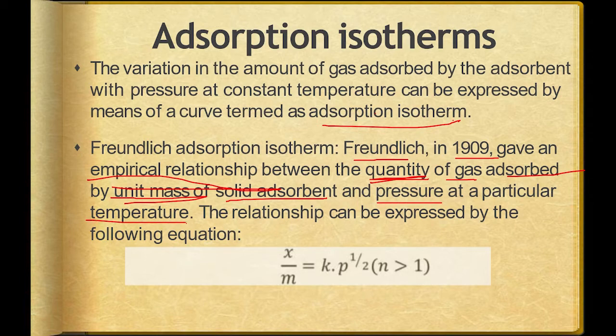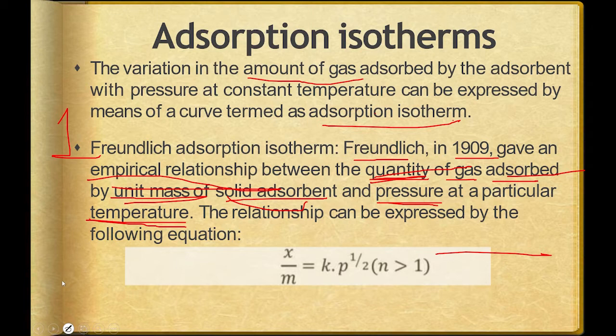So what is he saying there? It is a relationship between the quantity of gas, the same amount of gas we discussed, that is adsorbed by unit mass, meaning 1 unit mass of solid adsorbent, and pressure at a particular temperature.